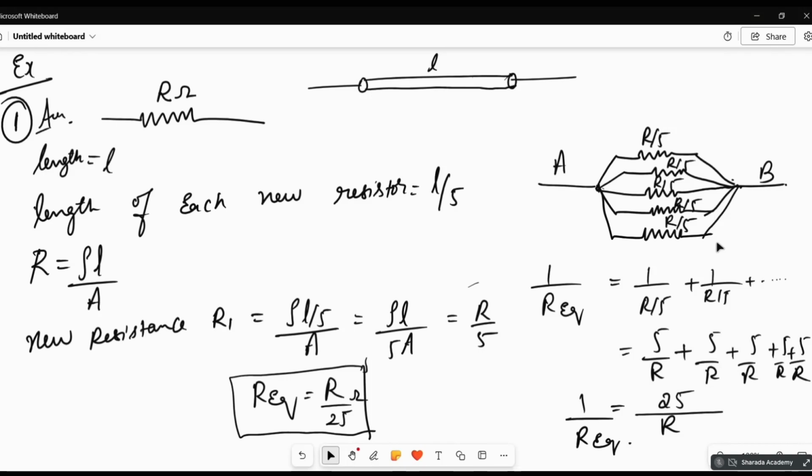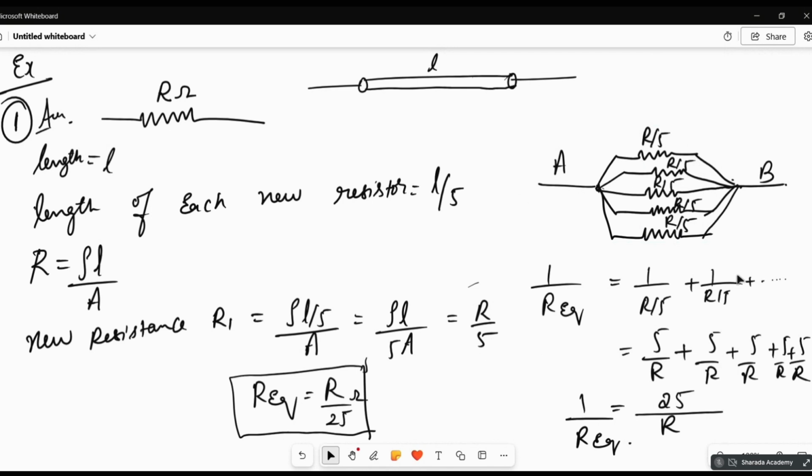Now, each resistor value will become how much? Length I have made L by 5, but rho and area of cross section I have kept as it is. So the new resistor value will be whatever R was, divided by 5. So you have 5 resistors which are connected in parallel.